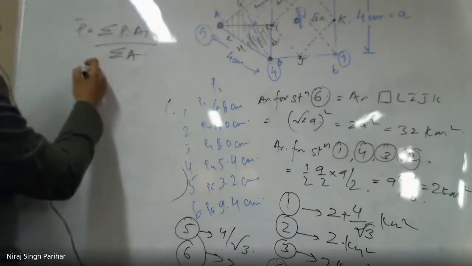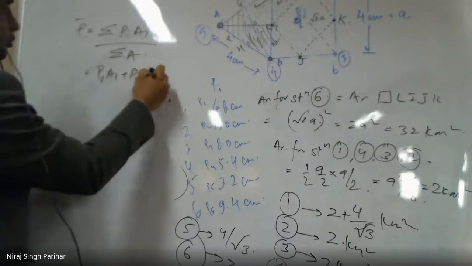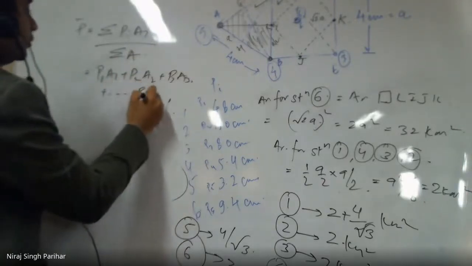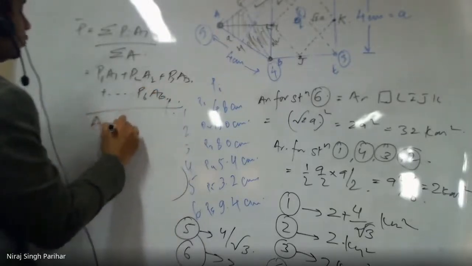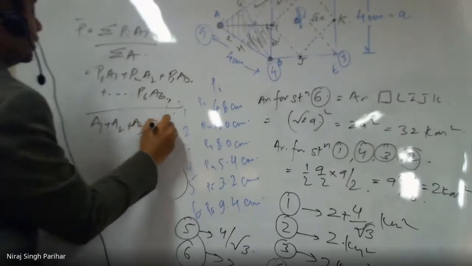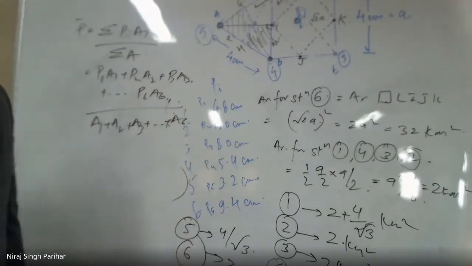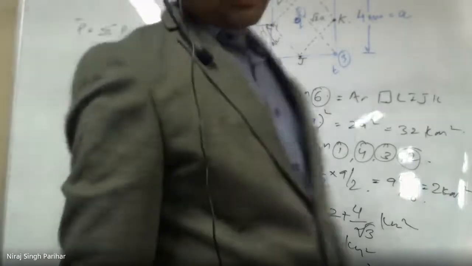Okay, so we have p1 a1 plus p2 a2 plus p3 a3 up to p6 a6 divided by a1 plus a2 plus a3 up to plus a6. So you can just calculate and tell me the answer.